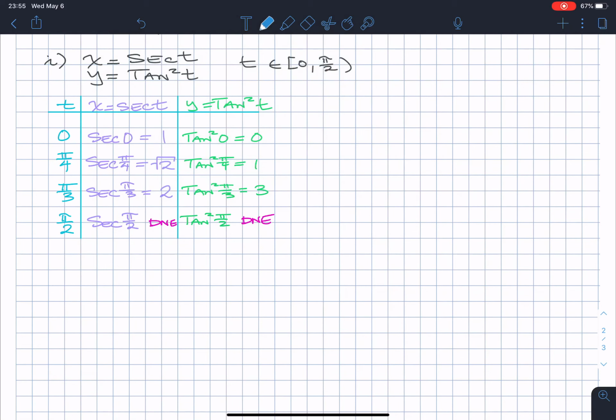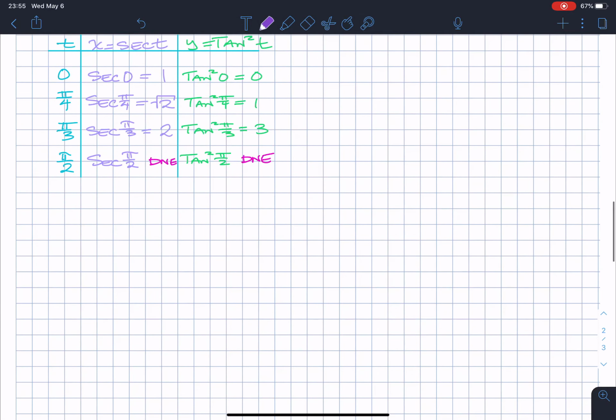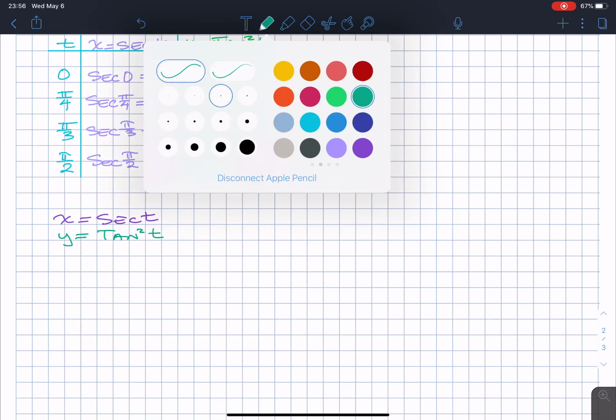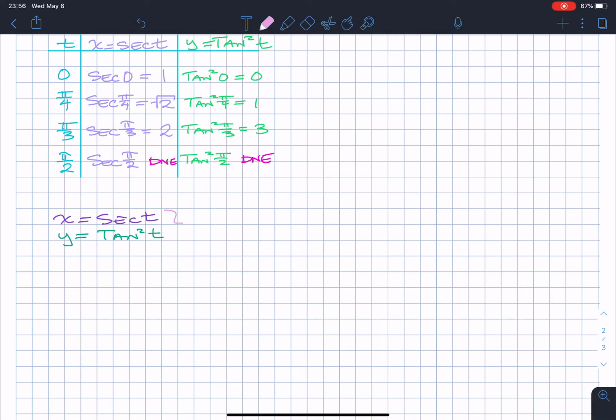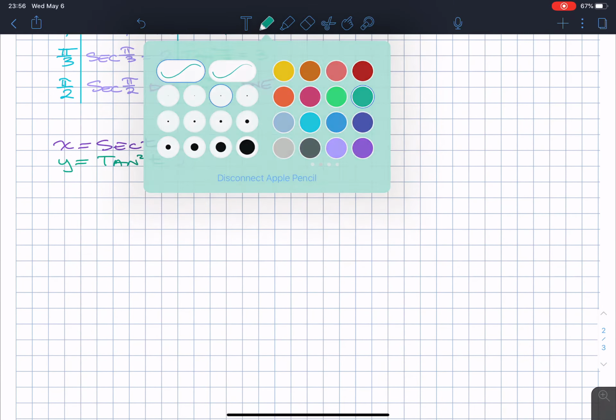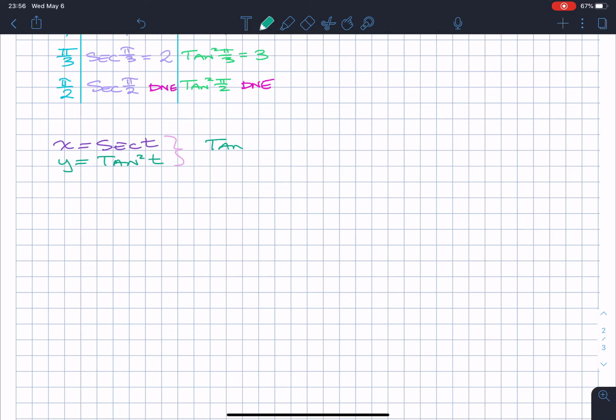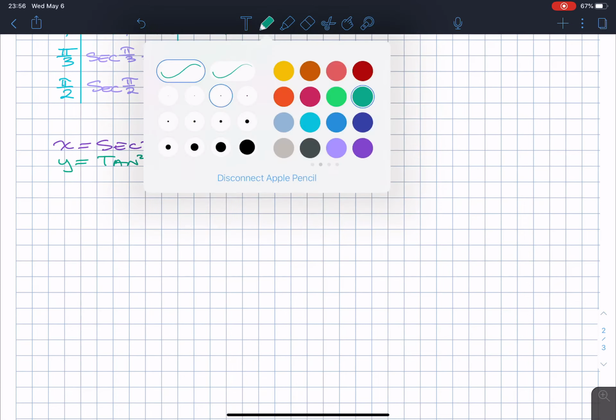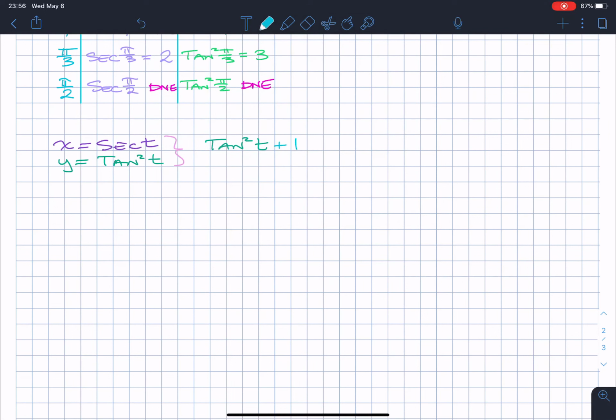So let's do as they say. So we know that x is secant of t, and y is tangent squared of t. So do I know of any identity wherein I have both secant and tangent? And I do. It's one of the main 3 Pythagorean identities, namely tangent squared t plus 1 is equal to secant squared t.